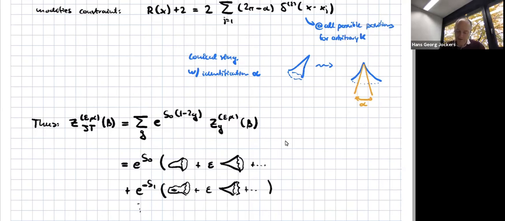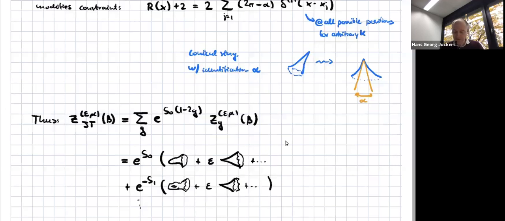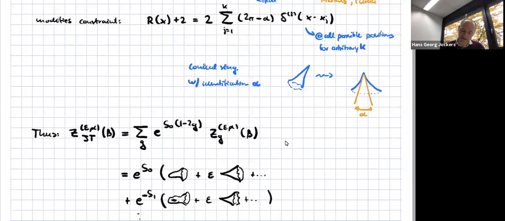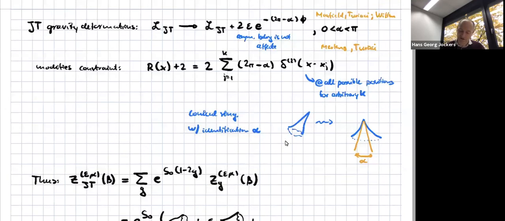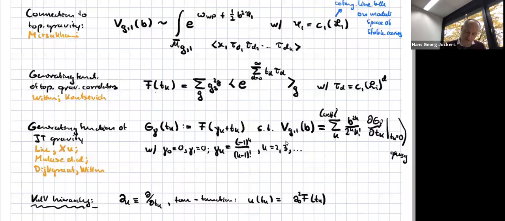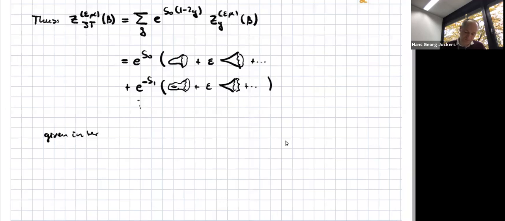And now the upshot is that we can carry out this sum, or this sum can be evaluated again, because there are also formulas to express these volumes, including conical singularities, in terms of certain integrals. And the result of this analysis is that the corresponding generating function is again given in terms of a Kdv solution.